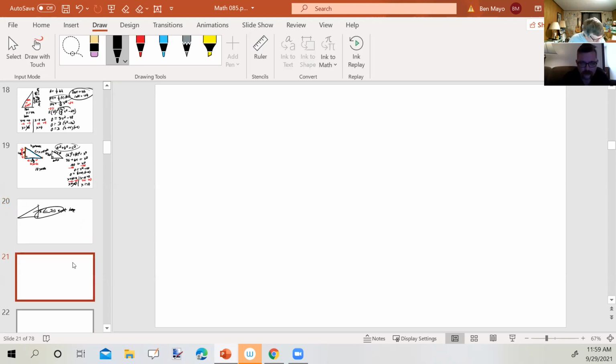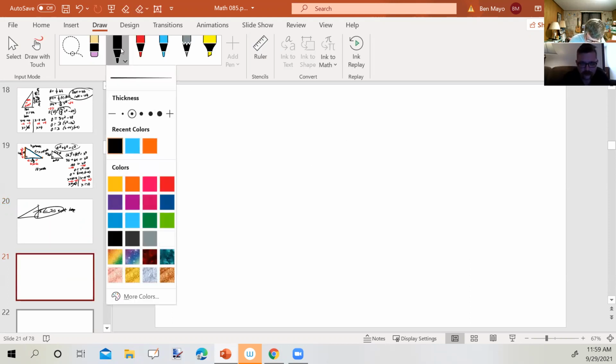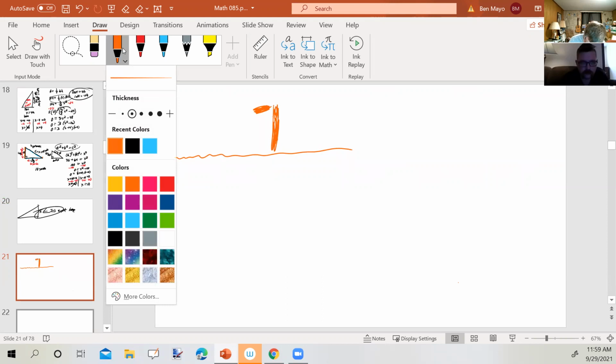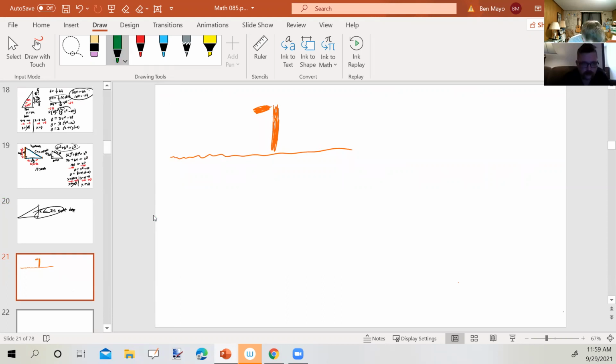Okay, let me draw a picture here. Let's see. We've got this tree. And here's the ground. And here's part of the trunk. And then it broke off like this. And then we've got this. You can see that I am not an artist, maybe a con artist, but that's about it.